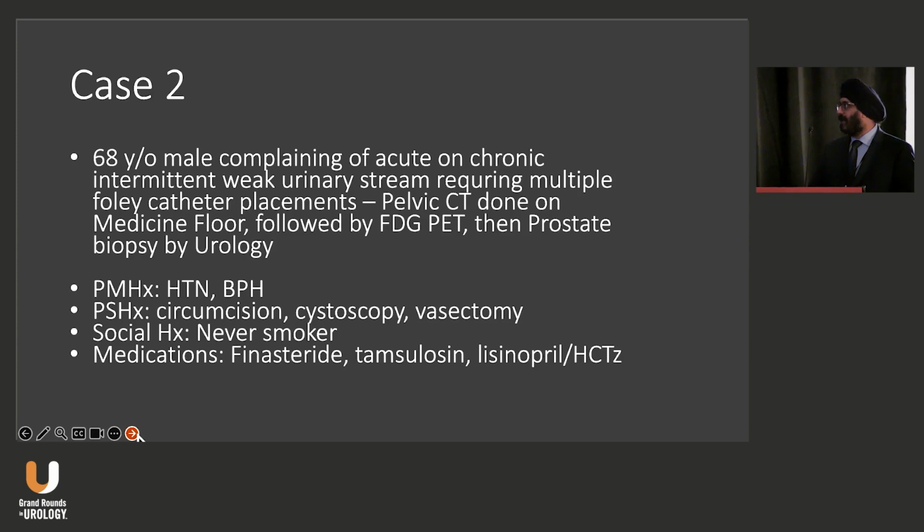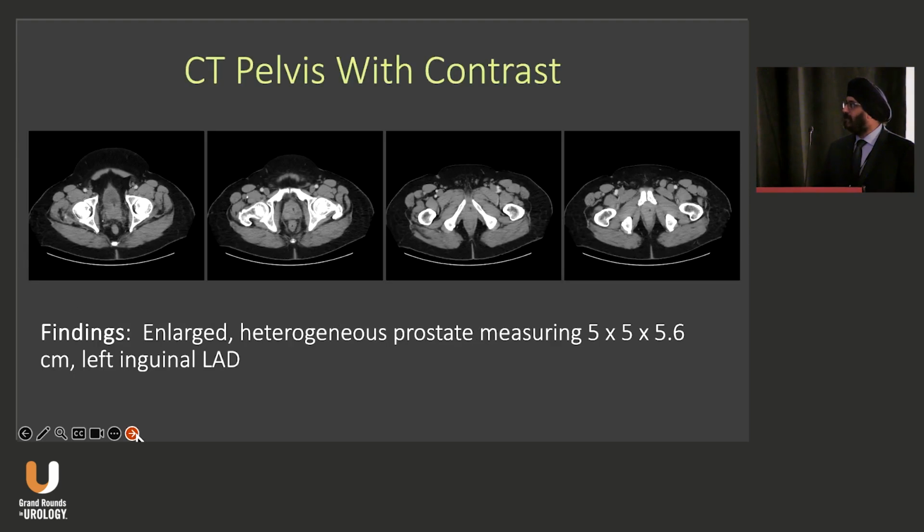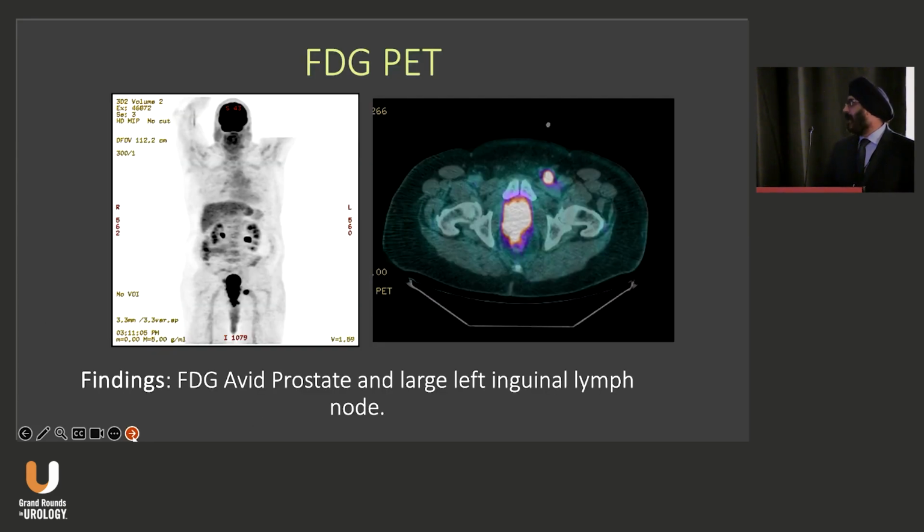And this was another case, and this was done in the hospital. The patient basically had some prostatic problems, and then they got a CT, and he had a big prostate, and he also had a large left inguinal lymph node. And so before talking to anyone, they got a PSMA FDG PET.